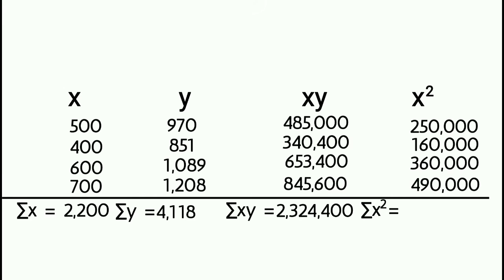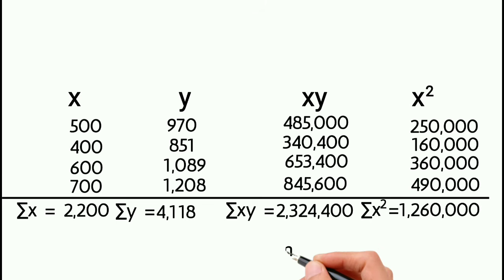Kukunin natin yung summation of x raised to the power of 2. 250,000 plus 160,000 plus 360,000 plus 490,000. Ilan yan? 1,260,000.